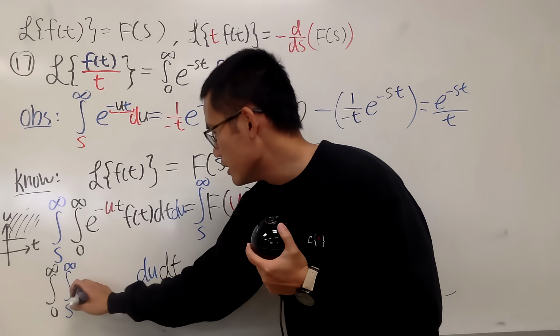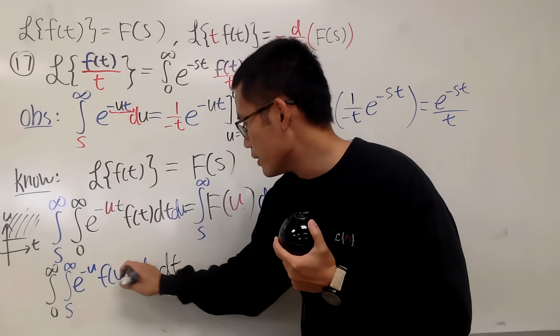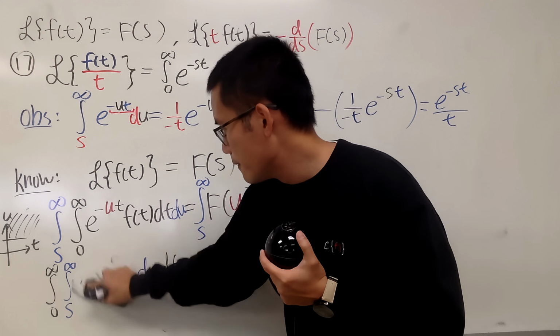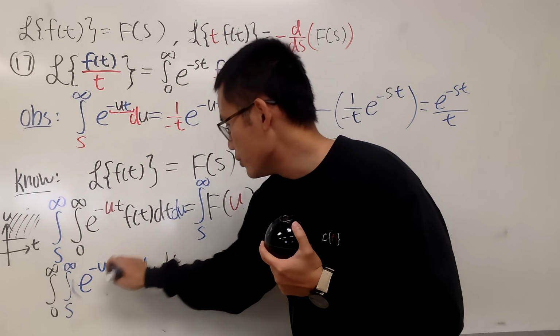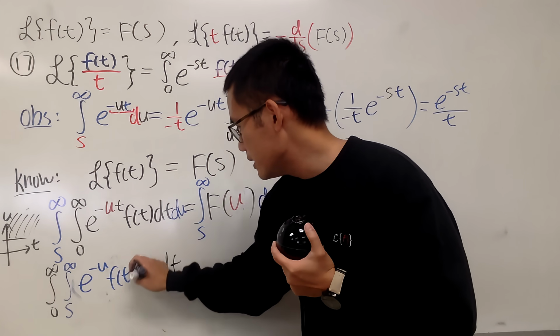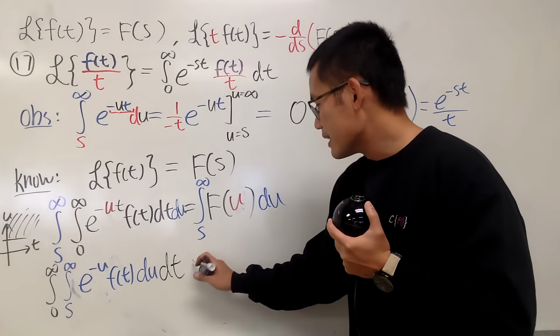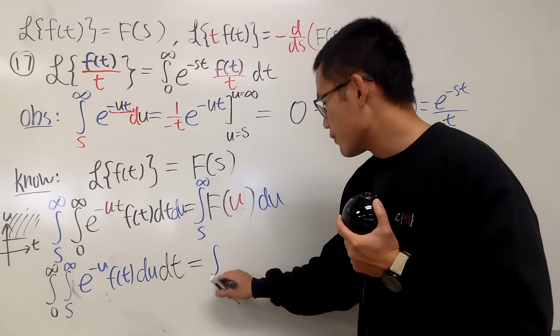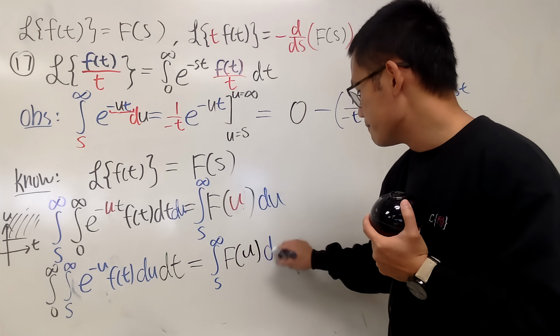So inside here is e to the negative u, and we have f of t, like this. Now, the right-hand side is still equal to the integral from s to infinity, F of u du.